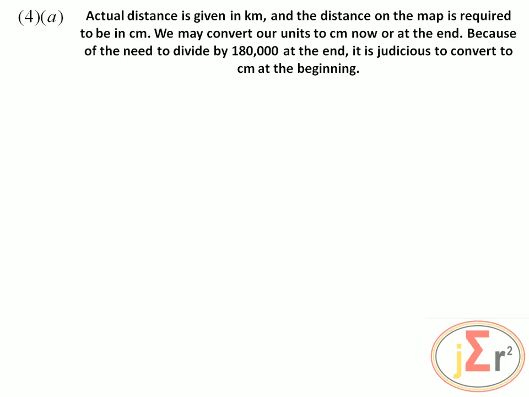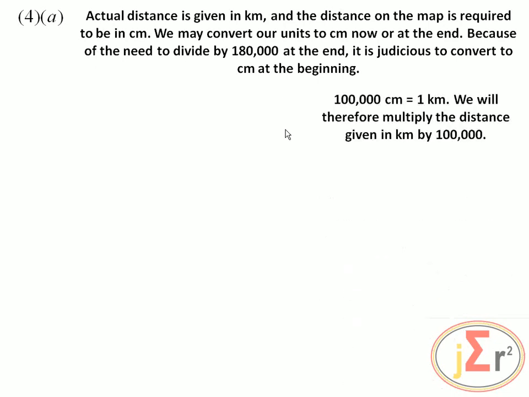Therefore, we will multiply by 100,000, converting the distance that we have in kilometers to centimeters. So we will therefore multiply the distance given in kilometers by 100,000, because 100,000 centimeters is equal to 1 kilometer.